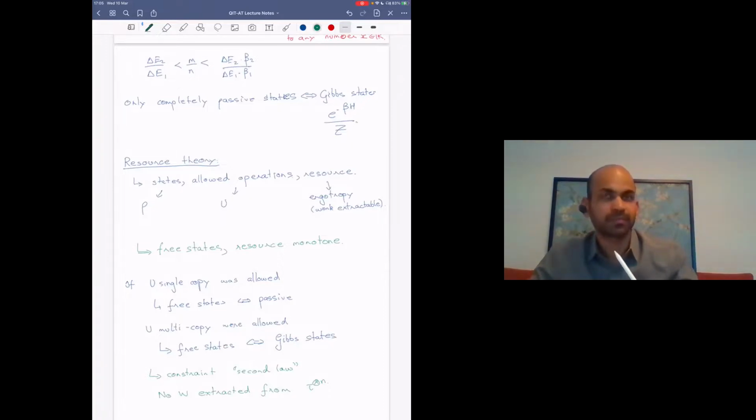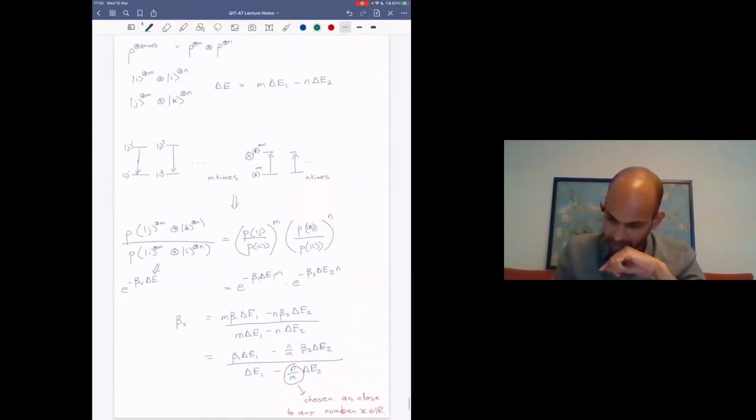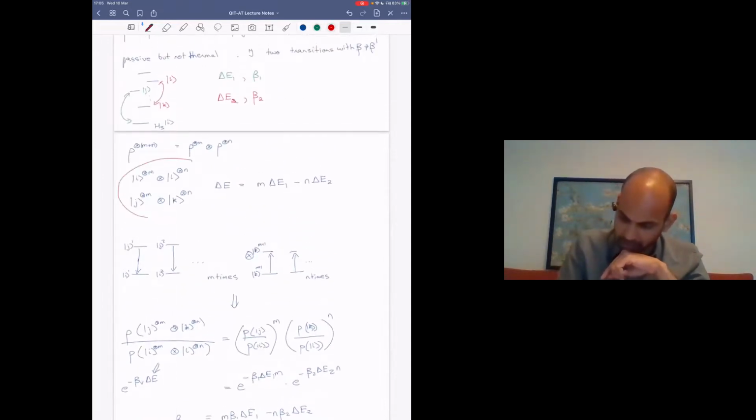Okay, and another question, for the proof of the Gibbs state, the previous proof. We use several uses of the swap unitary, right? And that swap unitary we had said before has a certain delta of energy on the state after it's applied. Yes. So in fact, it's not many copies of the swap. It's a single swap, because the swap that I'm doing is the unitary that swaps these two states.